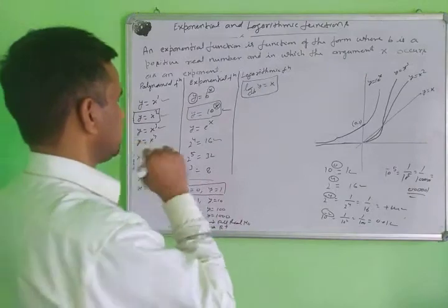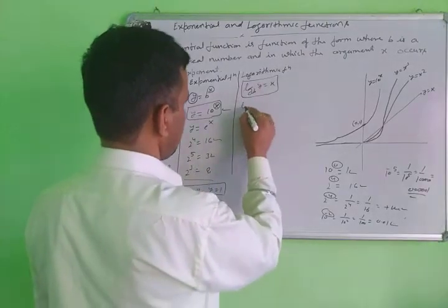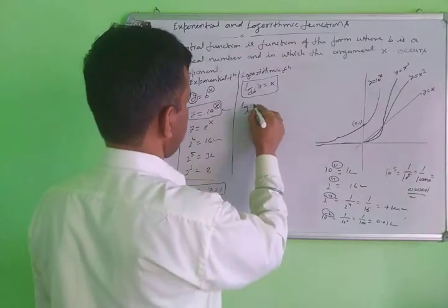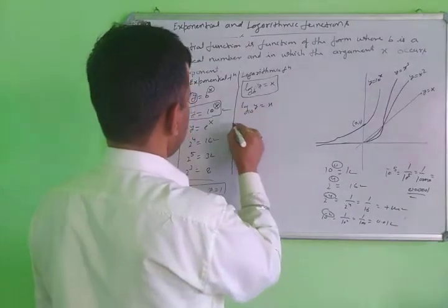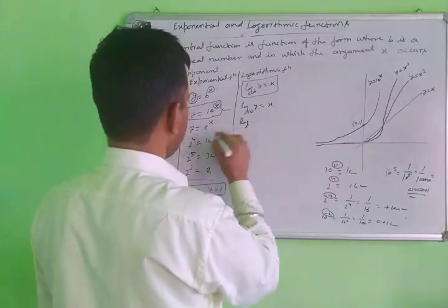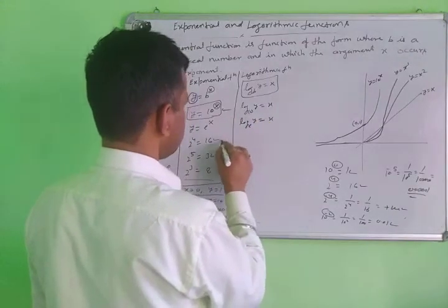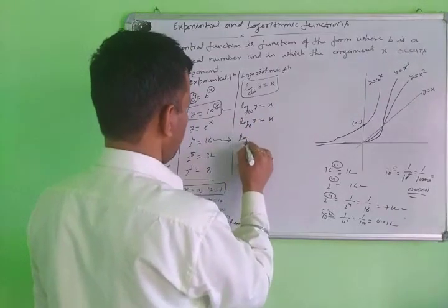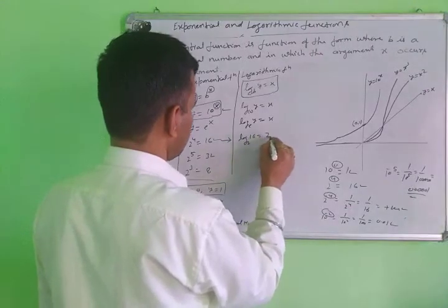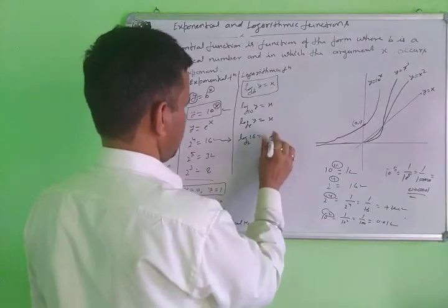Now suppose I write log base 10 of y equals x. Suppose you write log base e of y equals x. Suppose you write log base 2 of 16 equals 4.